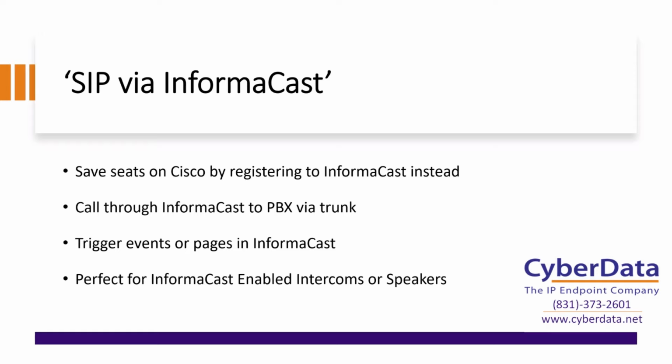And you can still trigger all the events and pages and emergency notifications that you would expect. You basically just get another little cherry on top of InformaCast capability, which is the SIP functionality built into InformaCast. So it makes it really ideal and perfect for products like our InformaCast-enabled intercoms or our speakers, products that you would generally use for two-way communication.